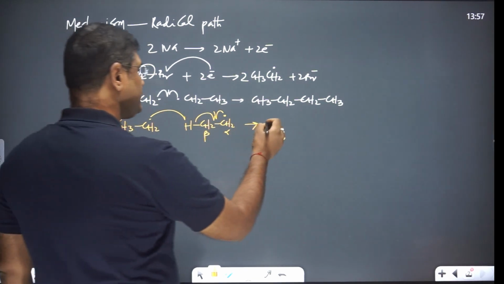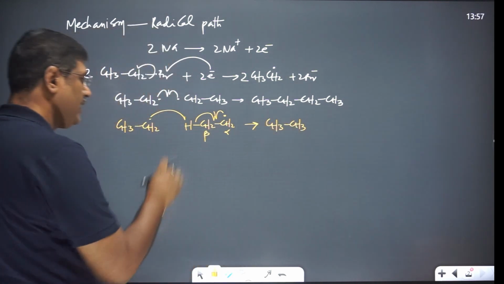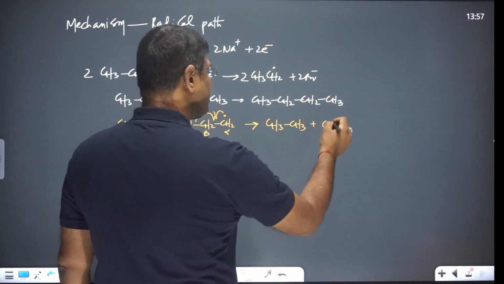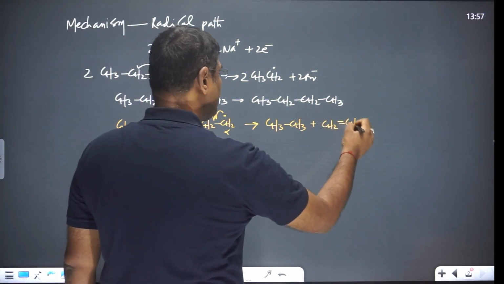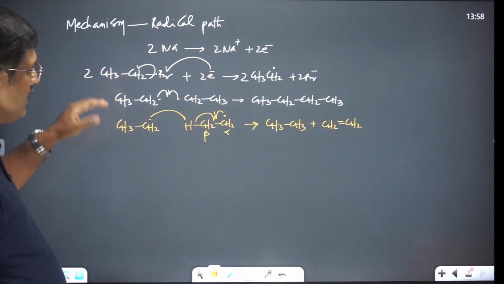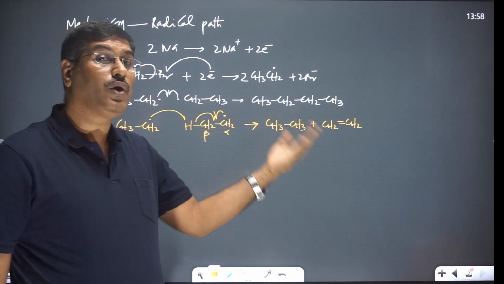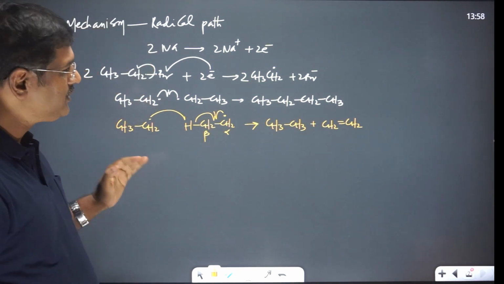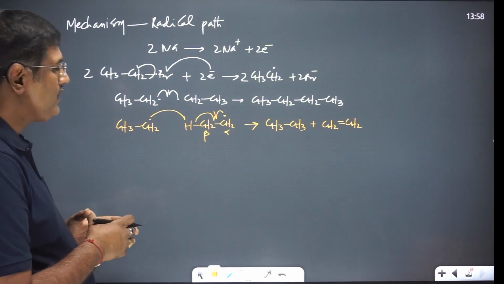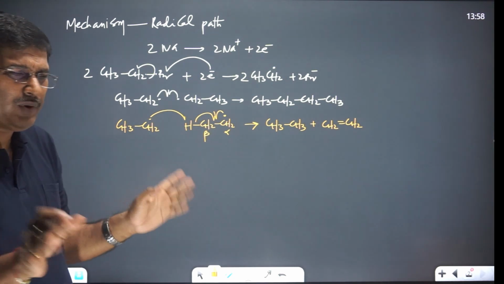This is getting reduced, and now you write CH3CH3. And as the other one is losing hydrogen, it is getting oxidized, CH2=CH2. We say this alkyl group is reduced as well as oxidized. It is a kind of disproportionation step, and in this particular case this gives minor products.